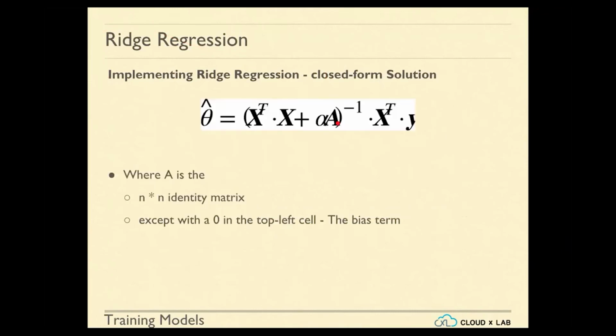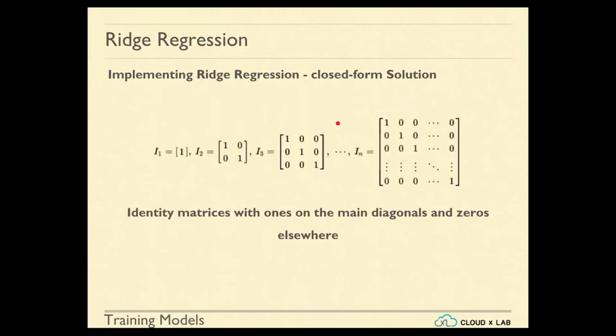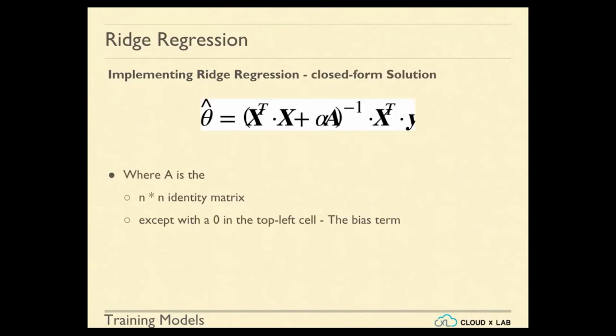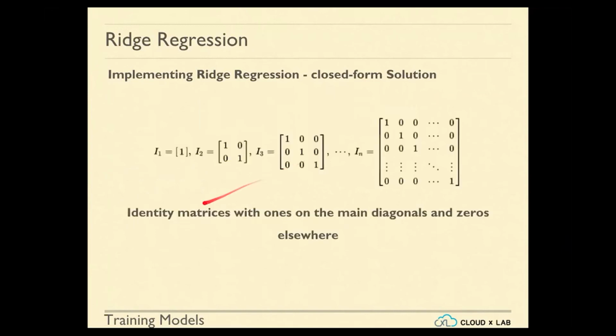So you can actually implement this. It's not mandatory to know this. When we derive this equation, it is definitely possible to derive it, but it's not really required to know that part. And the identity matrix is basically the one that has all the diagonals as one and the rest as zero.